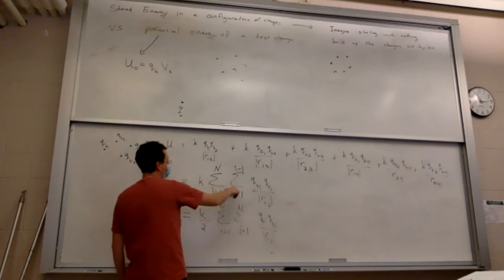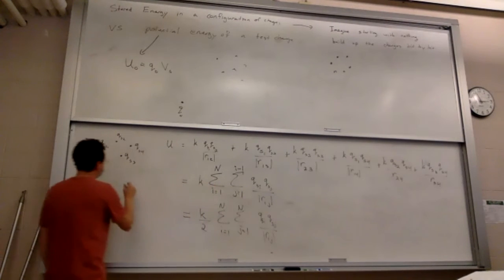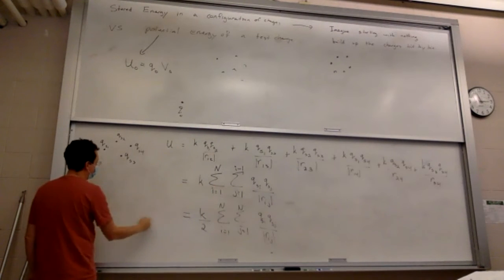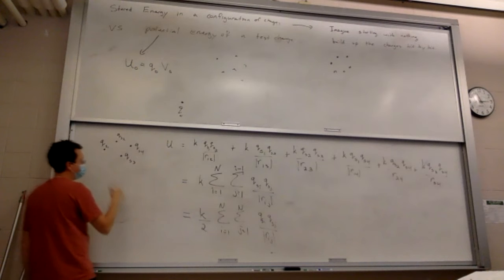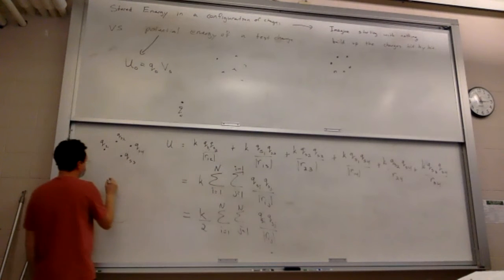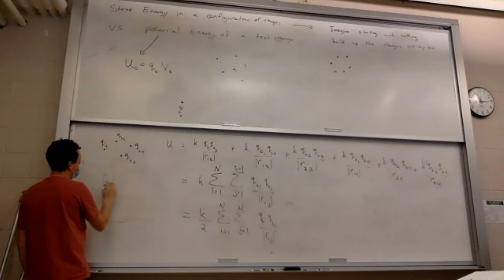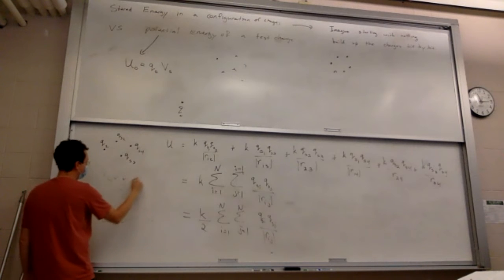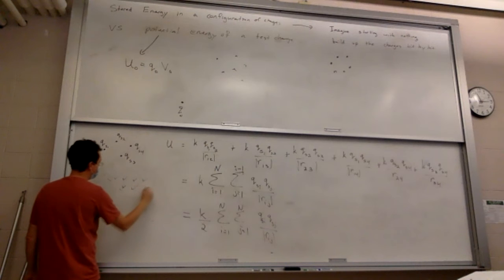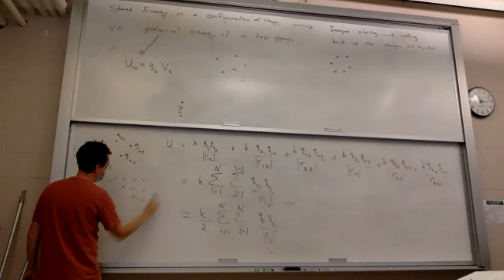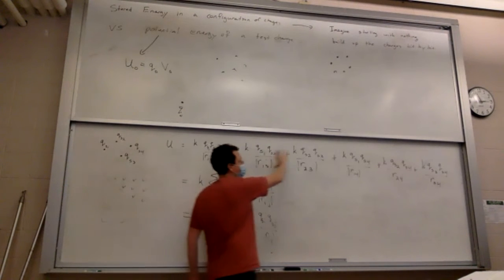So basically, what you can think of is that you're building up these charges, and if you look at these terms, you have nothing on the diagonals, and then you get something here, here, here, on the upper triangular terms.